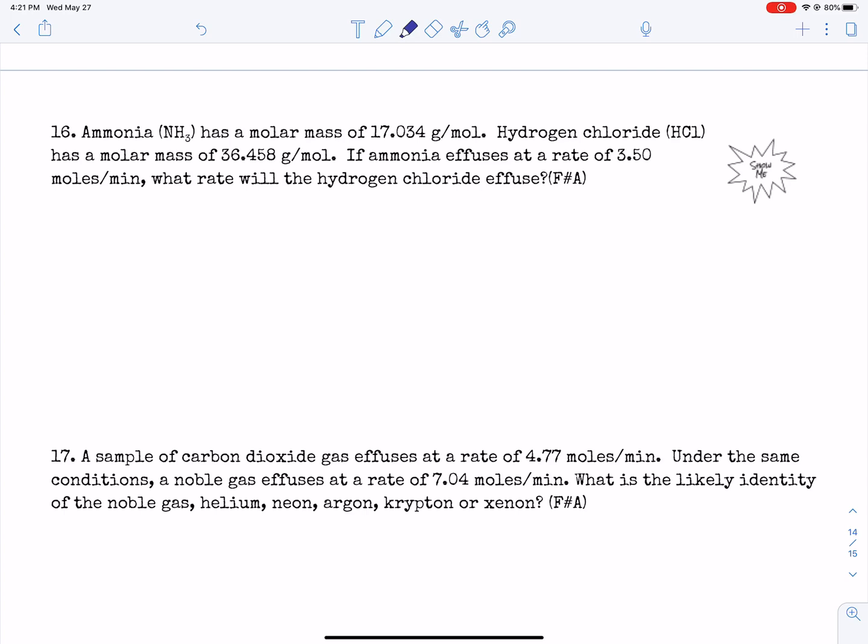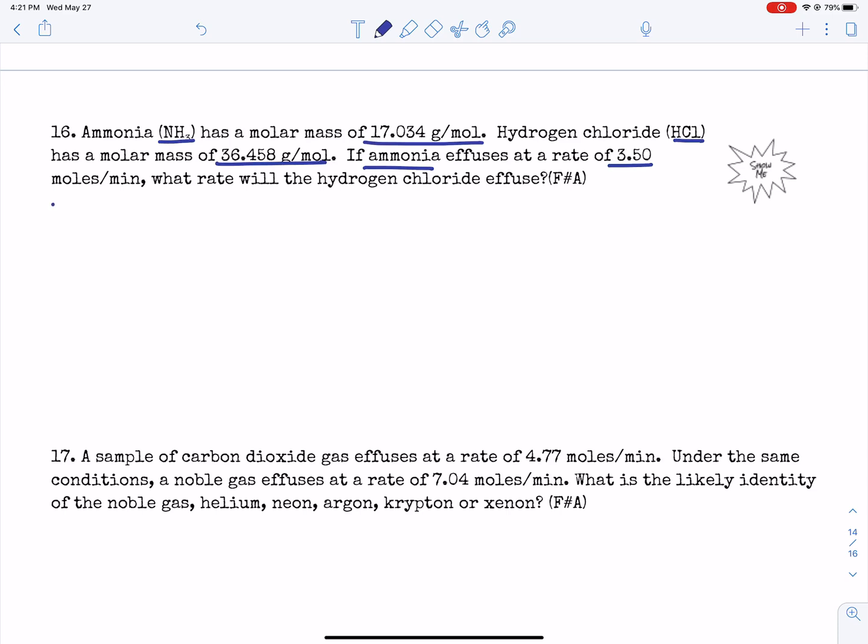Question 16 says, ammonia has a molar mass of 17.034 grams per mole, while hydrogen chloride has a molar mass of 36.458. If ammonia effuses at a rate of 3.50 moles per minute, that's literally how many moles go through that tiny hole in 1 minute, what rate will the hydrogen chloride effuse at?